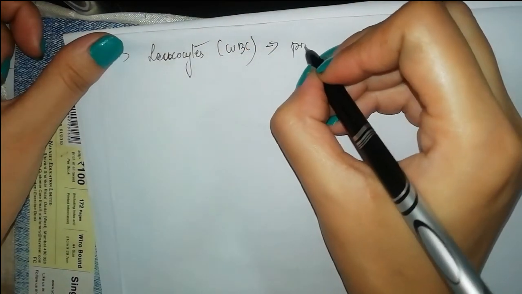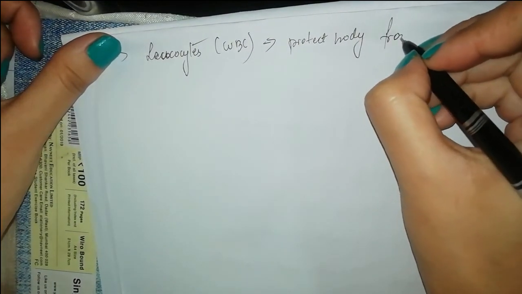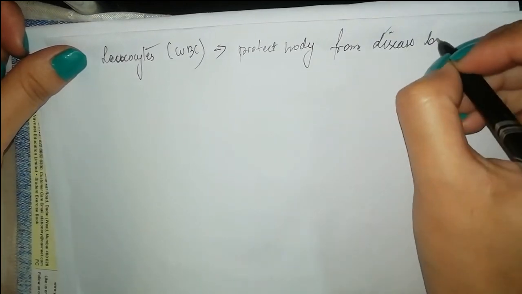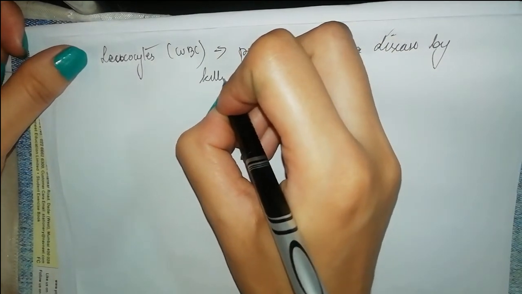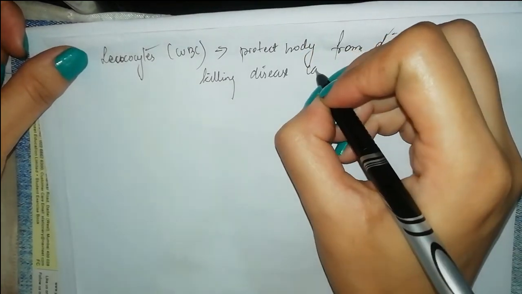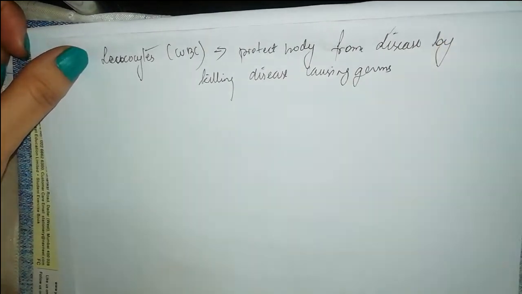These leukocytes will help or protect the body from disease by killing those disease-causing germs. So these leukocytes protect the body from disease by killing these disease-causing germs.